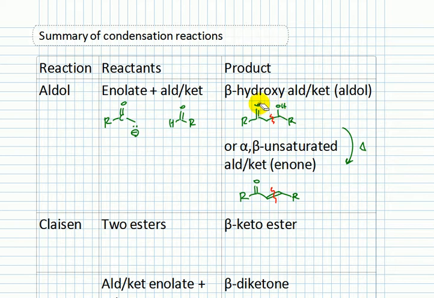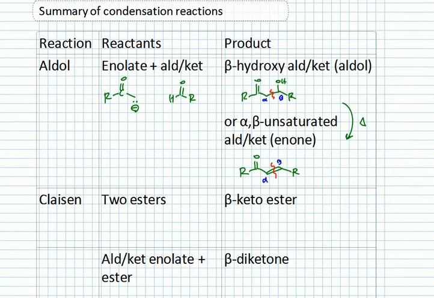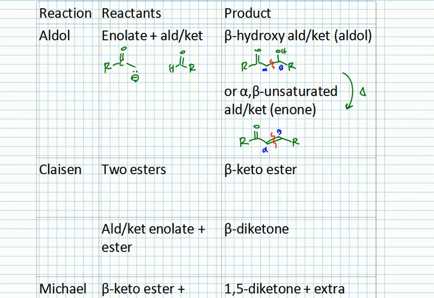If you have a beta hydroxy aldehyde or something like that, or an enone, imagine a retrosynthetic disconnection happening between the alpha and the beta carbons. And that can come from an enolate and a carbonyl.